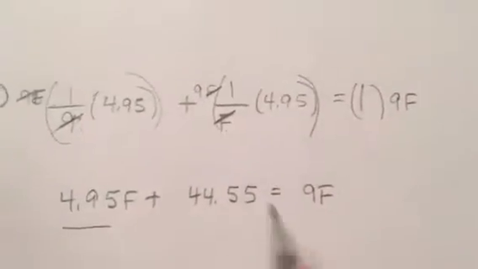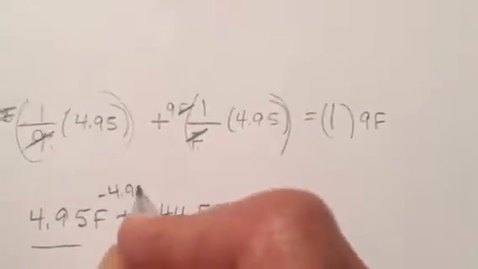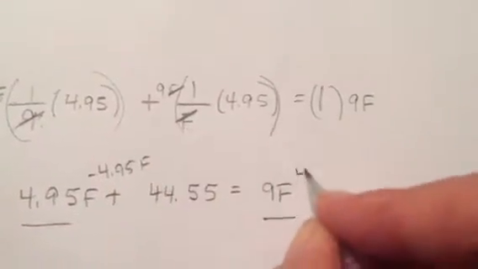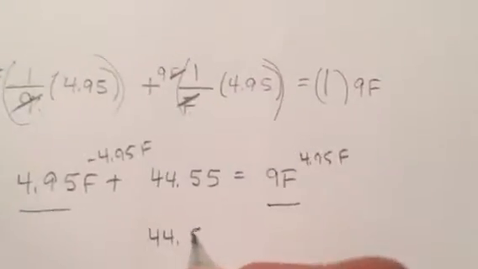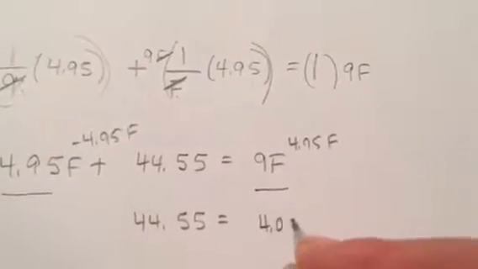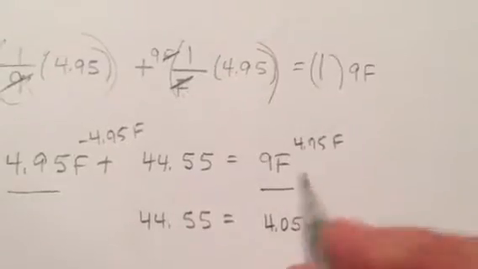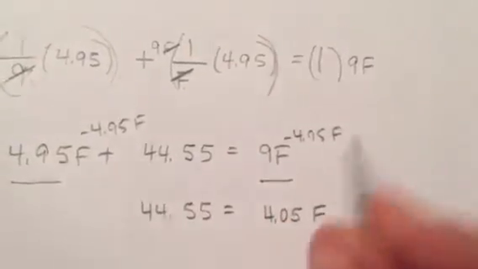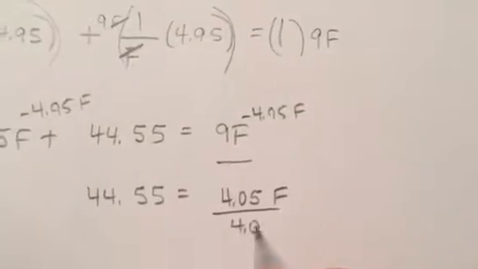Notice I have an F on this side and an F on this side. I'm going to move it over here, so I'm going to subtract 4.95F from both sides. I get 44.55 equals, use your calculator, I think it's 4.05F, because I'm subtracting. Whatever is with the F, your variable, that's what I divide by.